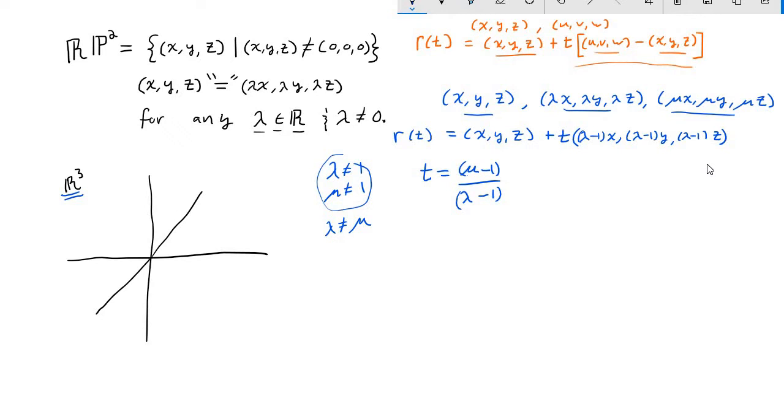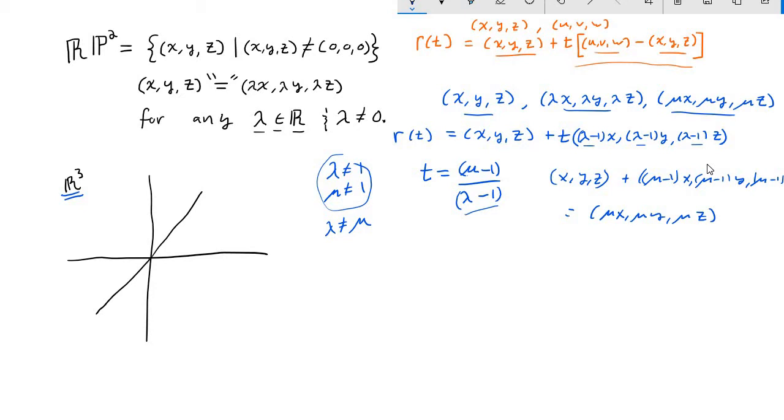In that case, r(t) becomes x, y, z plus, since the lambda minus 1 down here cancels out with these lambda minus 1s over here, mu minus 1 x, mu minus 1 y, mu minus 1 z. Adding these together, we see that I get the point mu x, mu y, mu z.